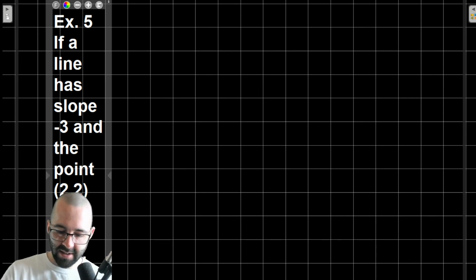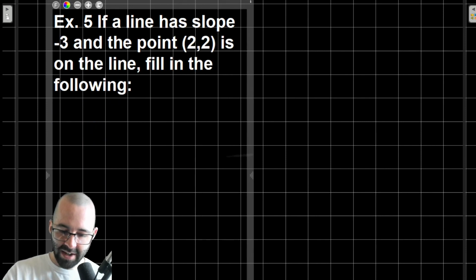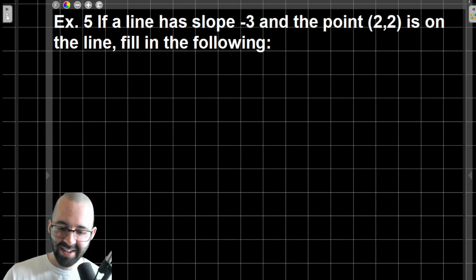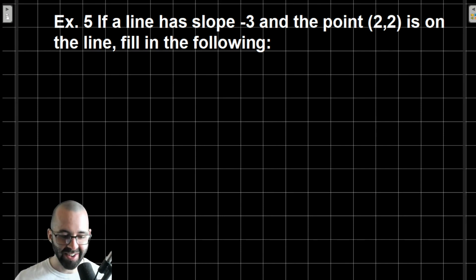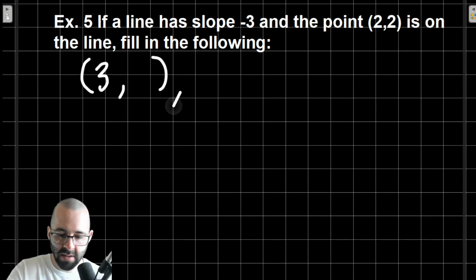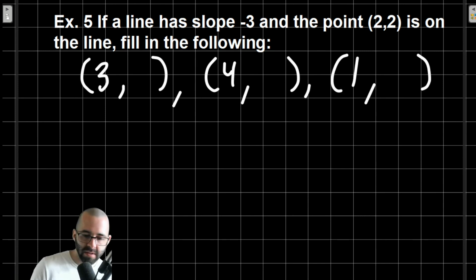And I realize that this looks a little strange. We'll fix it. Much better. Great. So you have to fill in the blank here: 3, something, 4, something, and 1, something. So this is very similar.